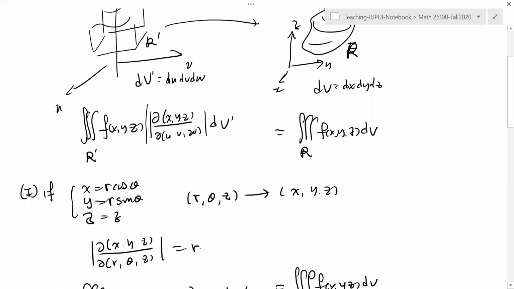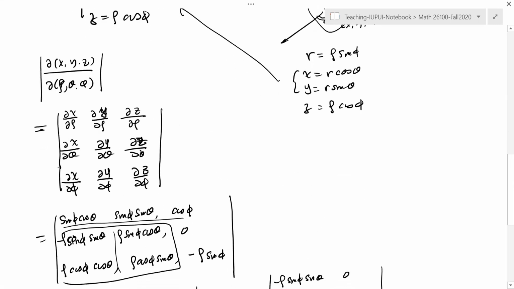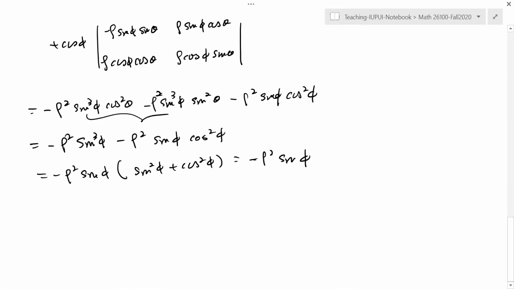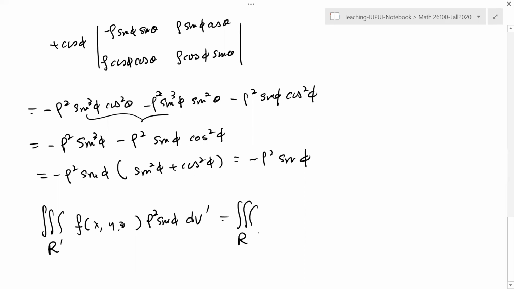This is absolute value. So after we simplify and take the absolute value, this will be the integral over R prime of F, with x, y, z represented, times rho square sine phi, and this is the triple integral.